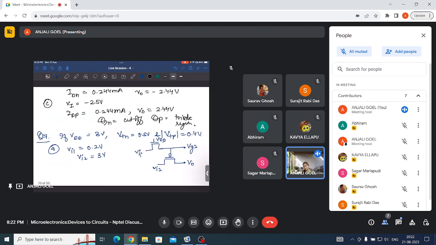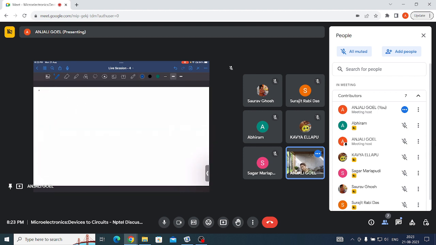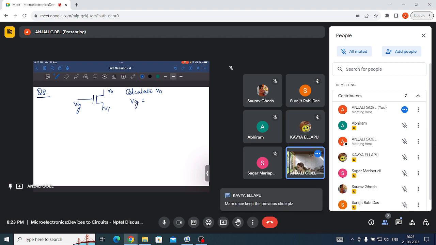Okay, so moving on to the next question. You have to calculate V out. Assume Vg equals 2 volt and Vtn is equal to 0.7 volt.